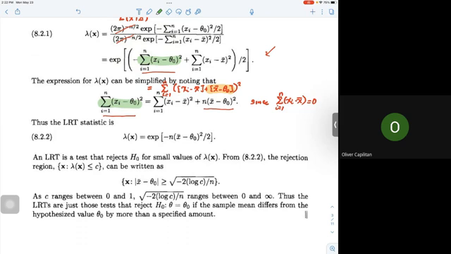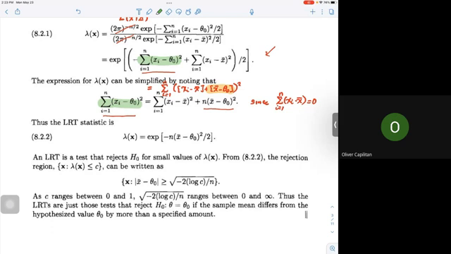So we have the negative summation, and the result becomes negative n times x bar minus theta sub 0 quantity squared. Okay, so we have already computed our likelihood ratio test statistic.